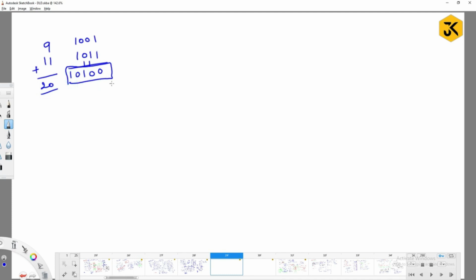Now if you observe the negative part, like negation, for example, let me take 6 minus 3. What is the binary value of 6? 110. What is minus 3? Here you may get confused.